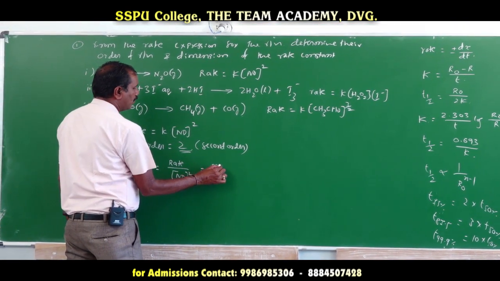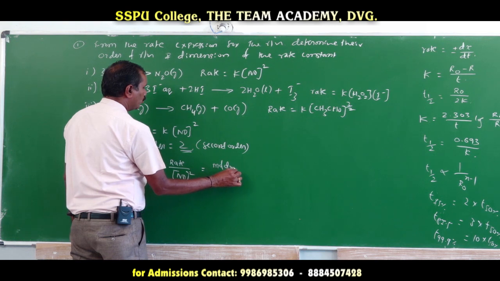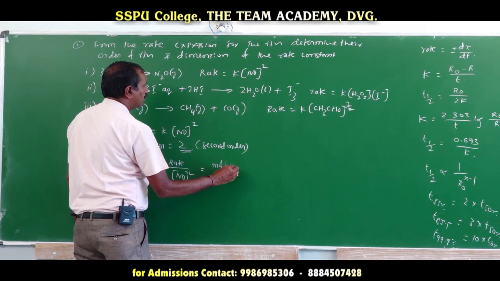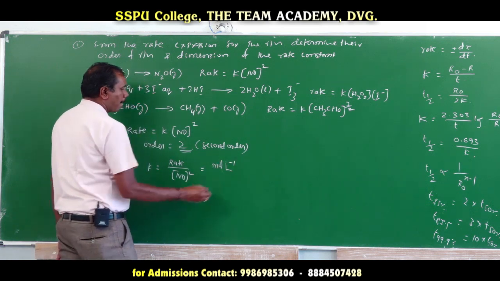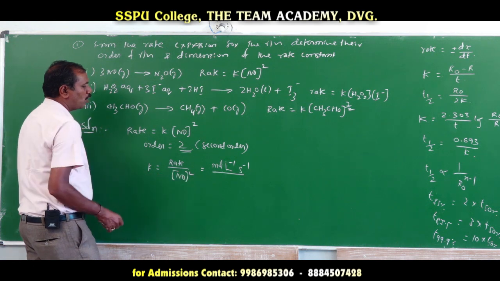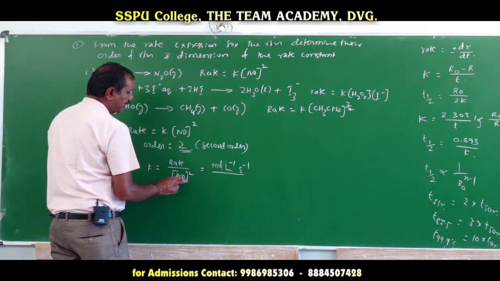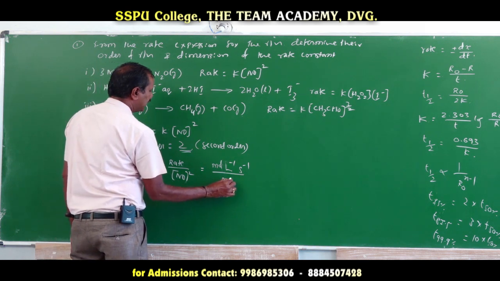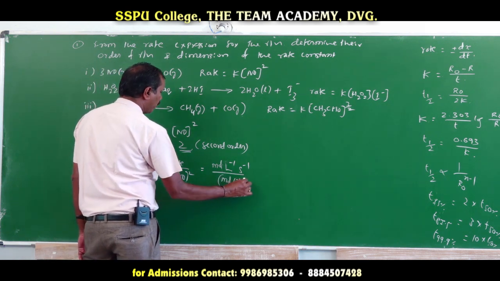Velocity unit is mole per dm cube or mole per liter per second, divided by NO to the power of 2. NO is molar concentration, the unit of molar concentration is mole per liter, to the power of 2.